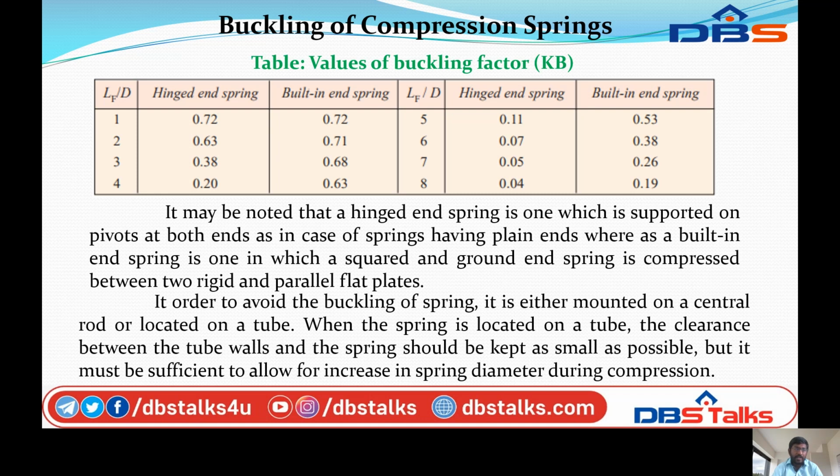Now the table in the buckling of compression springs gives the values of the buckling factor KB. The table lists LF by D, hinged end spring, and built-in end spring. Coming to the first one, 0.72 is the hinged end and 0.72 is the built-in end. In the second one, the hinged end spring is 0.63 and the built-in end is 0.71.